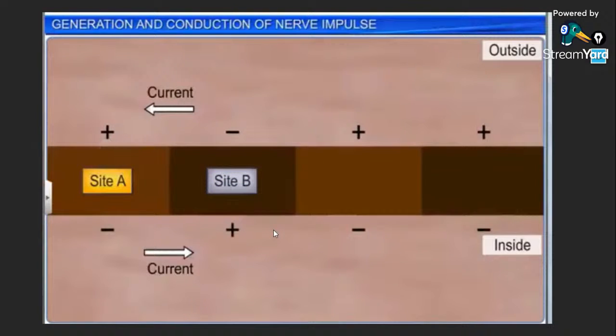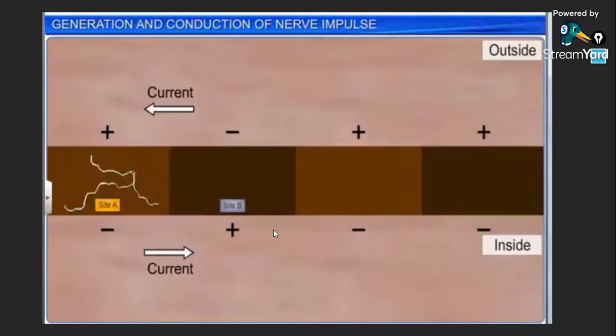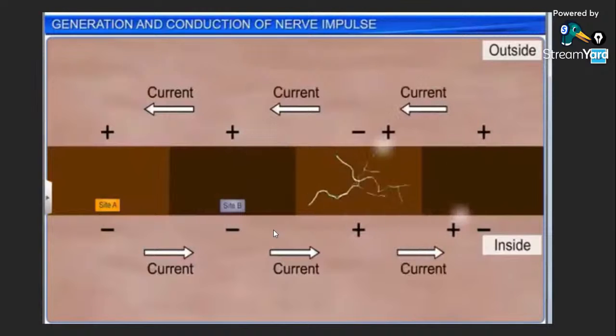This reverses the polarity at site B, and an action potential is generated at site B. Thus, the impulse generated at site A arrives at site B. Then that will be converted to the next one, and finally it will pass through the entire neuron. Clear?